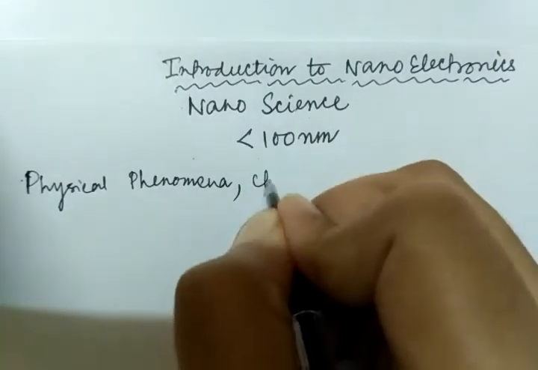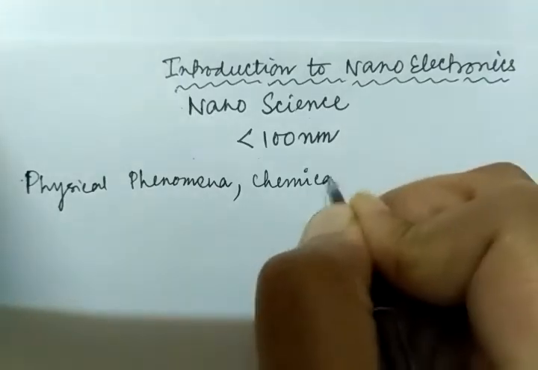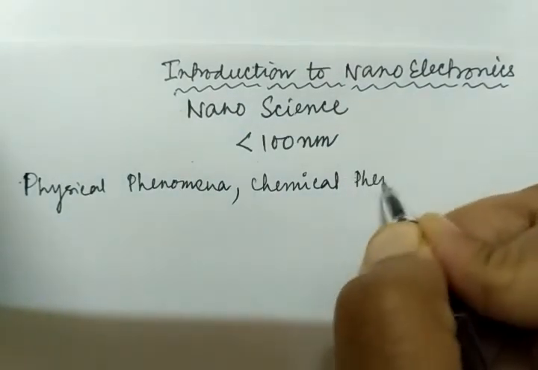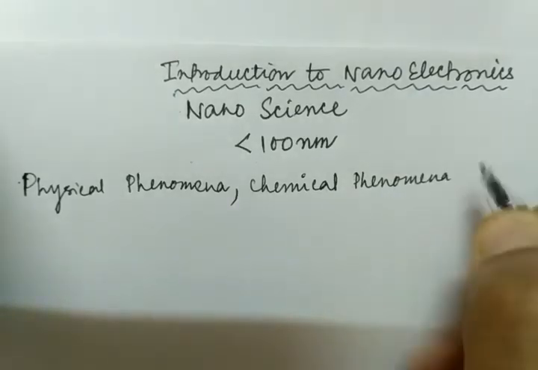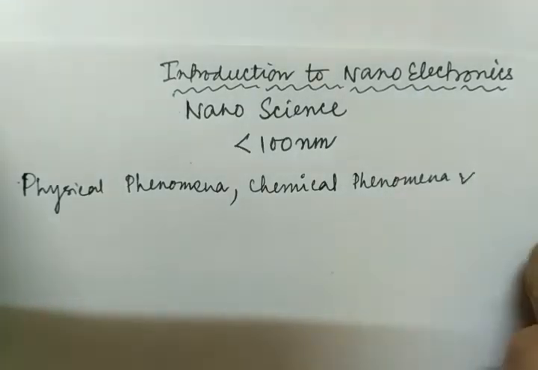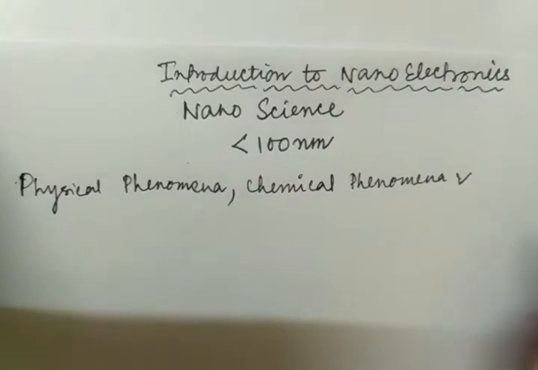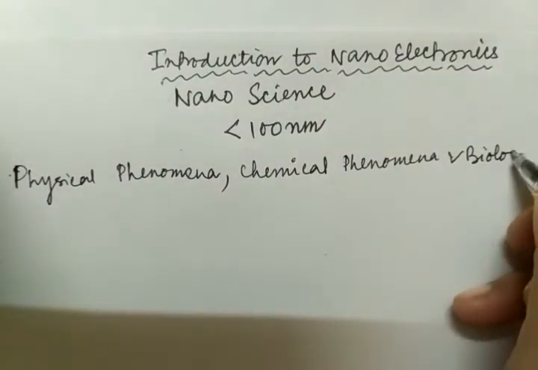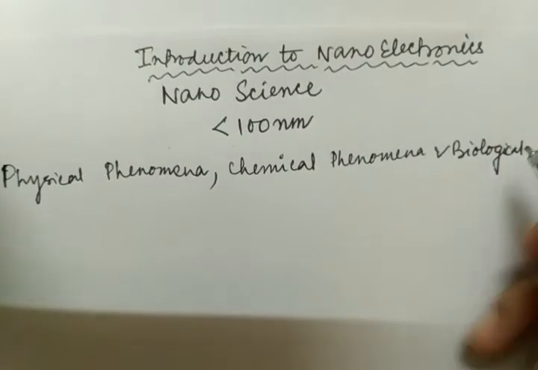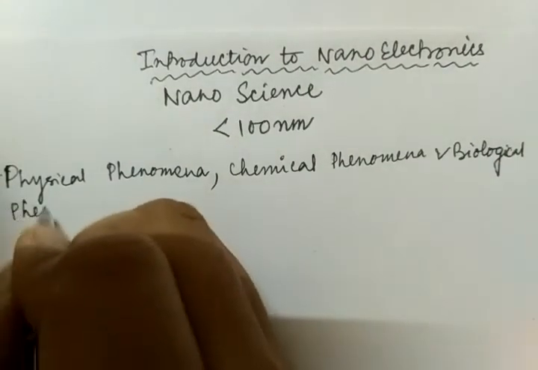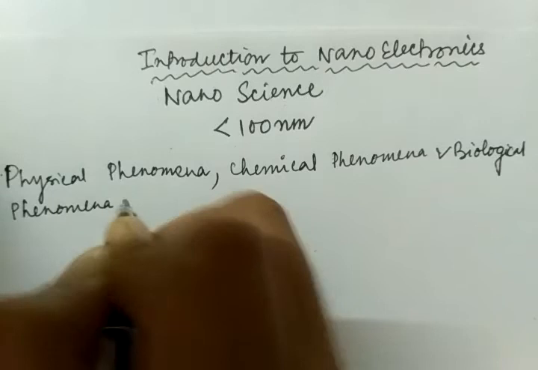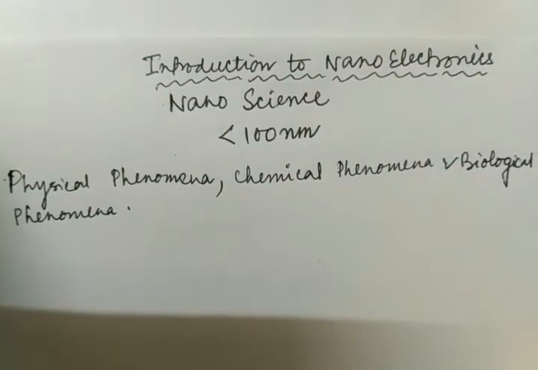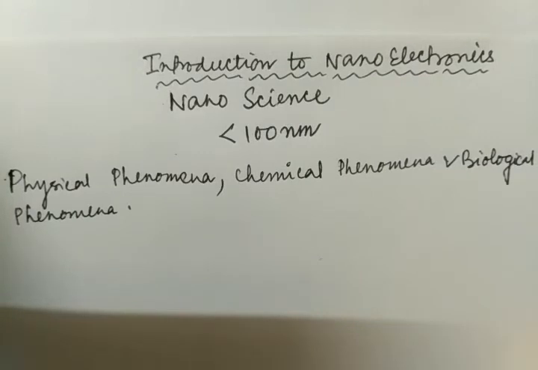The second is chemical phenomena, meaning where this nanoscience is applied. And obviously the third, which you already know, is biological phenomena. So these three domains are mostly important and mostly related to nanoelectronics.